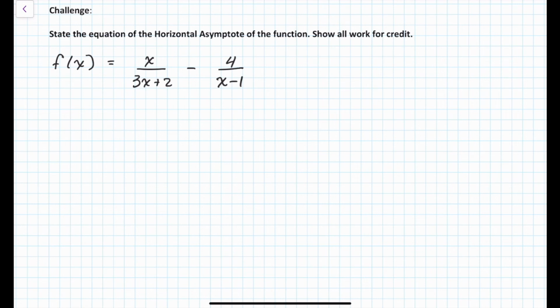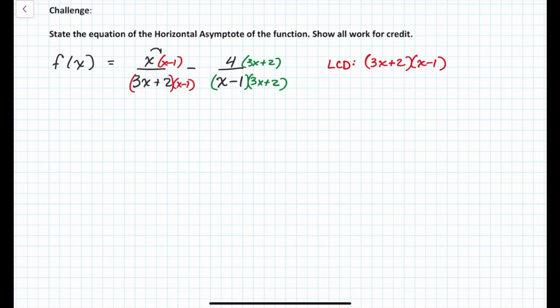So you want to state the equation of the horizontal asymptote. Well, what makes this complicated or a little bit difficult is that first we need to find the least common denominator. So this is kind of pulling back some material that we've done before, but that wasn't necessarily covered in this unit. But you need to know we need to make this expression all into one fraction.